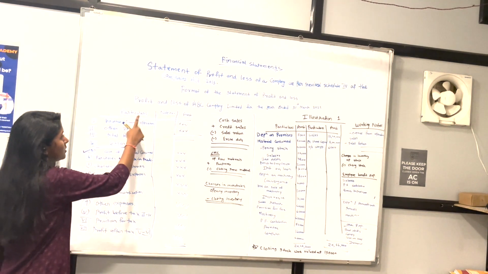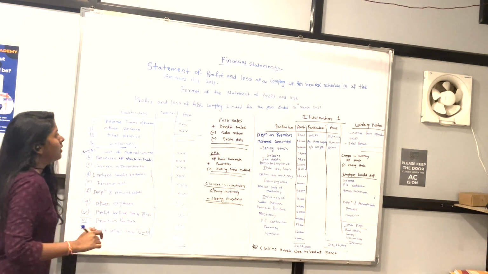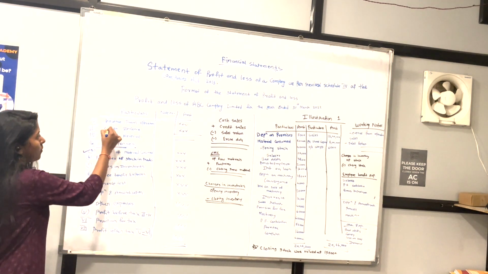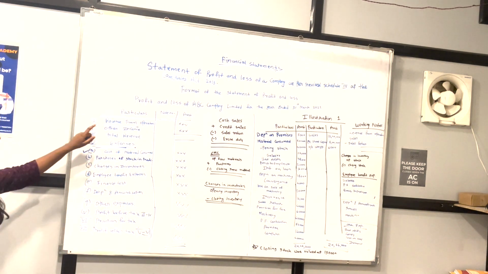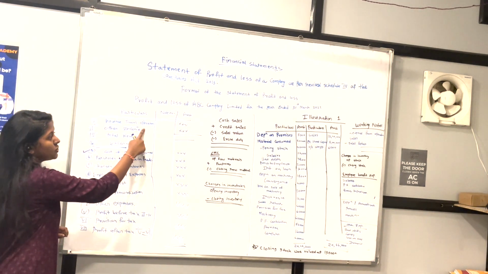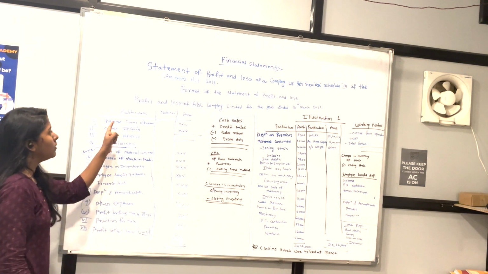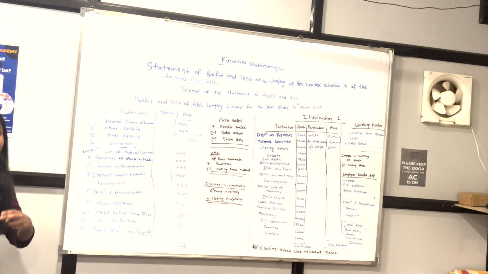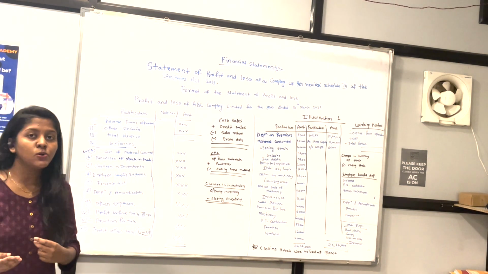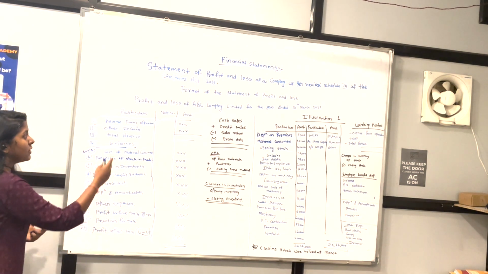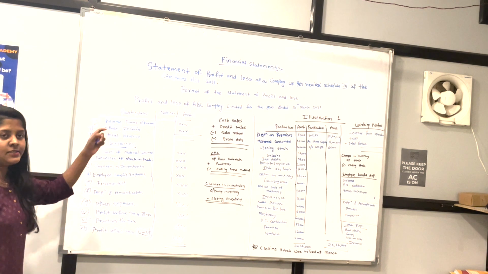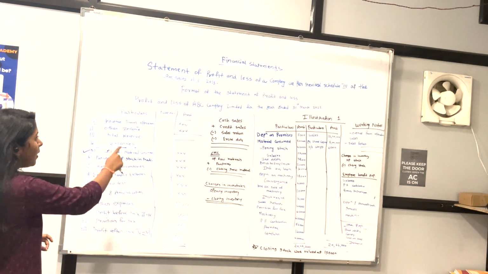So, how do we prepare the format of the profit and loss account? First come particulars, note number and amount. Revenue from operations is the first head. The term revenue means the money earned by selling goods. How much money a company has earned by selling goods and services will come under this head.